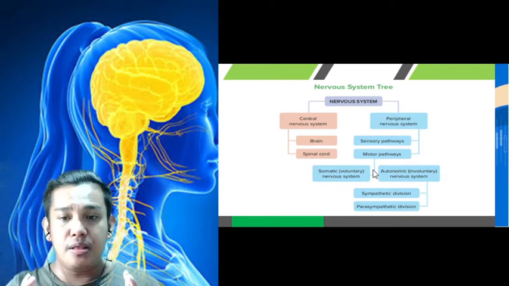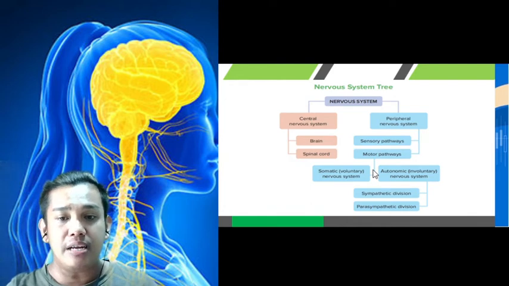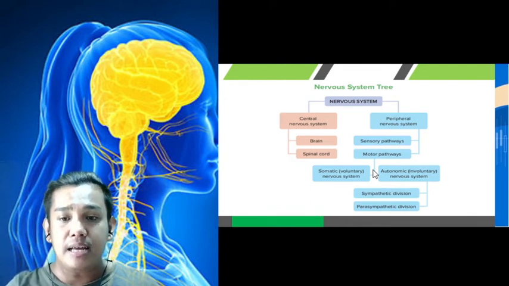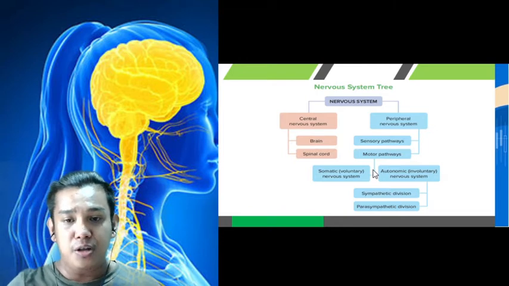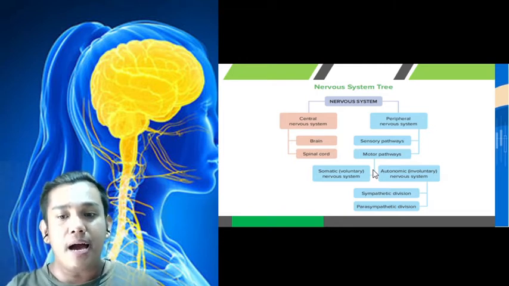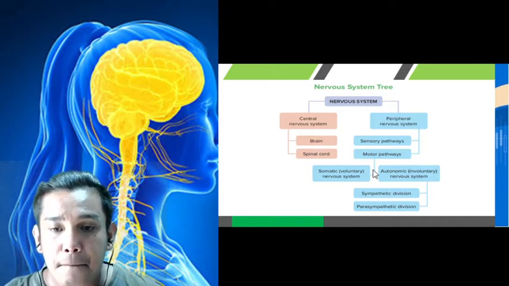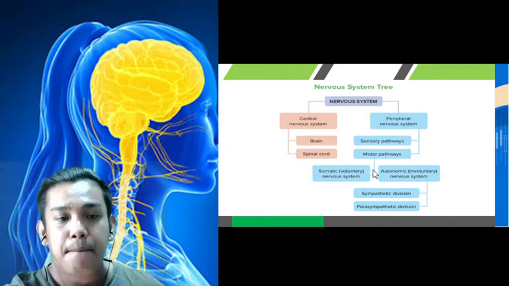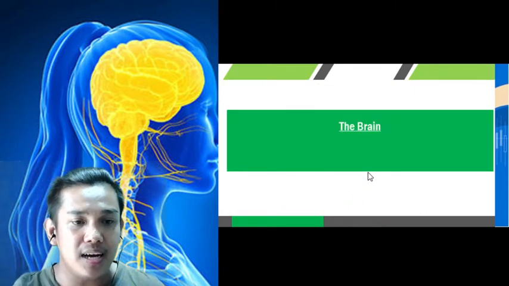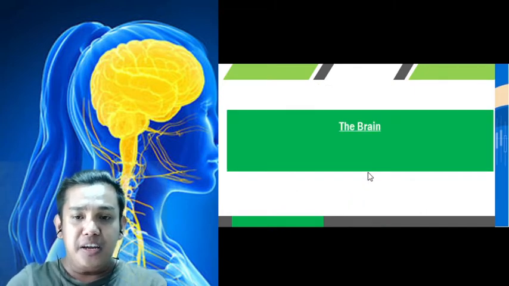Under the motor pathways, we have the somatic voluntary nervous system and the autonomic involuntary nervous system. Under the autonomic involuntary nervous system, we have the sympathetic division and the parasympathetic division.